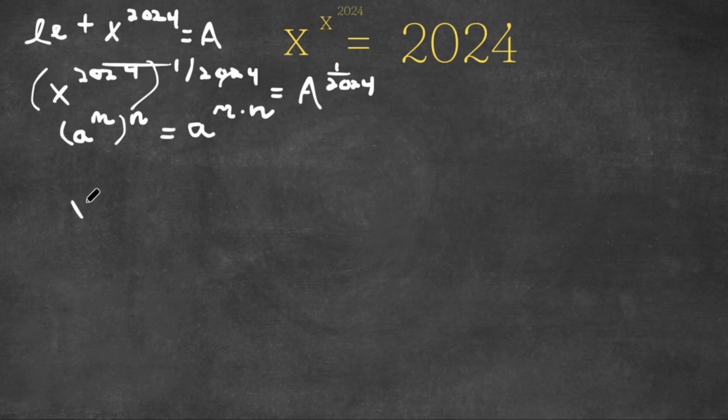So we have x to the power of 1, which is the same thing as x, is equal to a to the power of 1 over 2024.